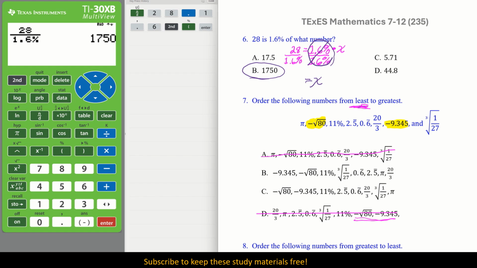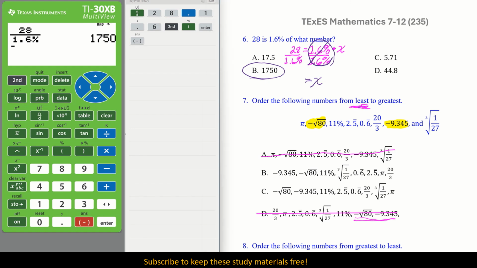So now let's look at B and C. Well, they have the negative values first. However, we don't know which one until we put the negative square root of 80 in the calculator. We don't know which one is the smallest. So let's do that. Let's say negative second and the square. That gives us our square root.